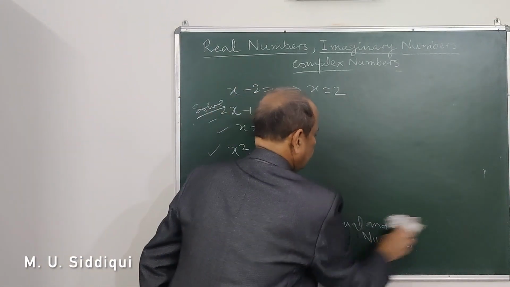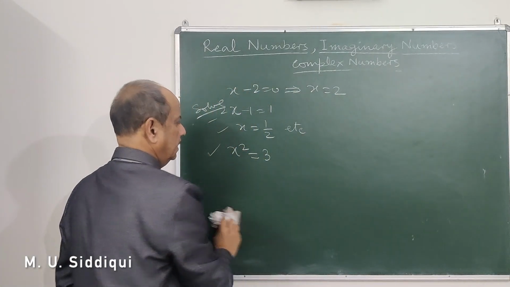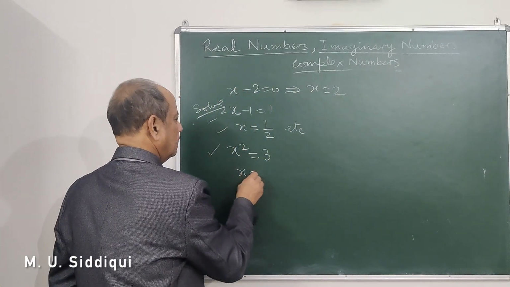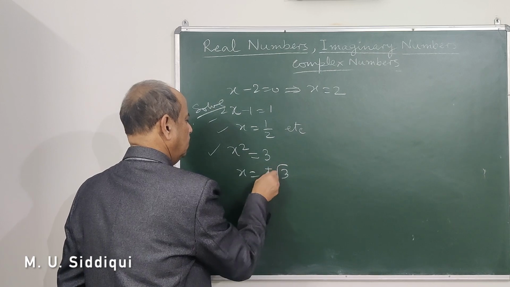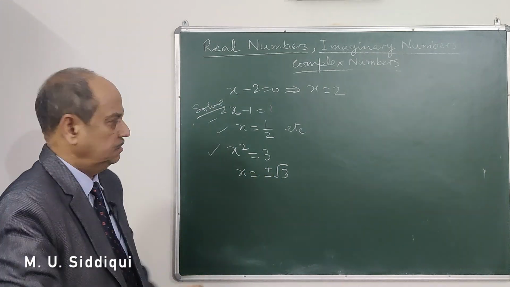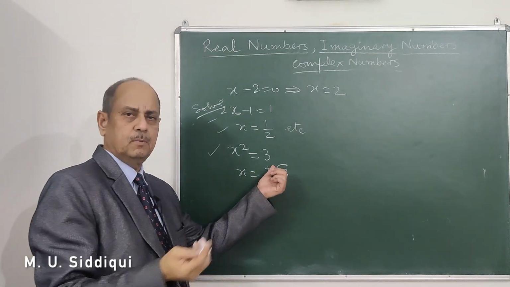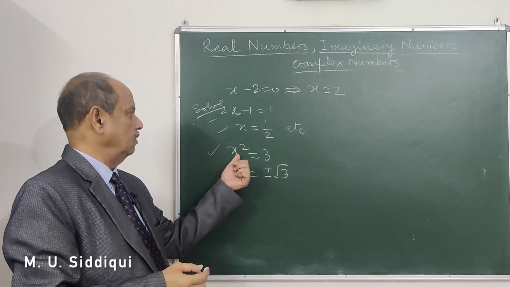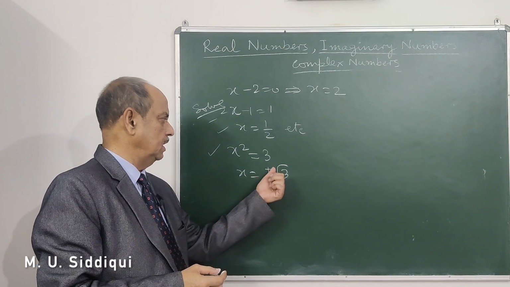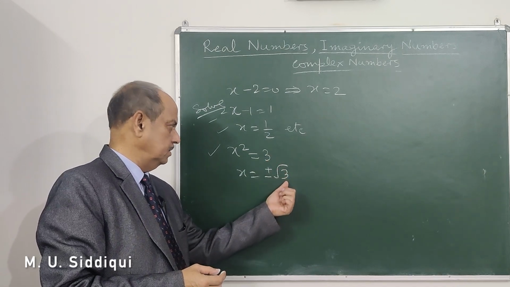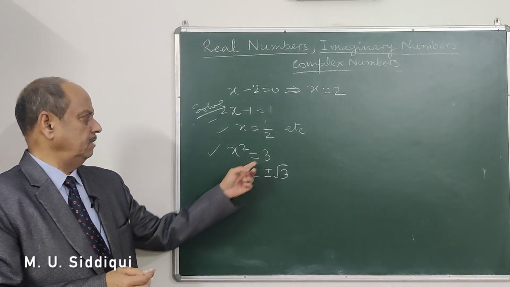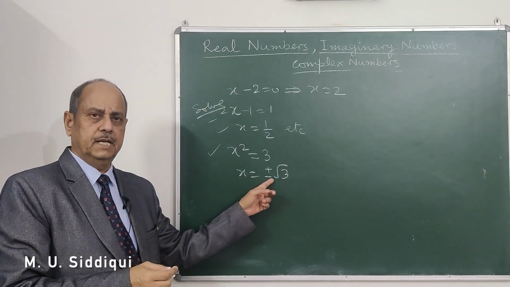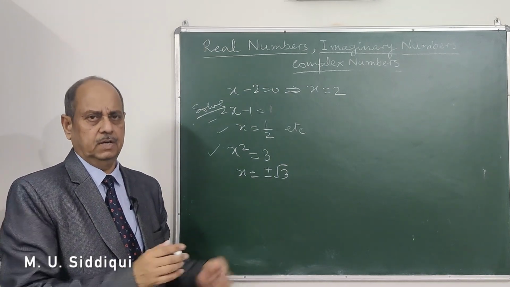We say x is root of 3, positive or negative, because the square of a positive number is positive and the square of a negative number is also positive. So x square equal to 3 will mean x is positive root 3 or negative root 3.